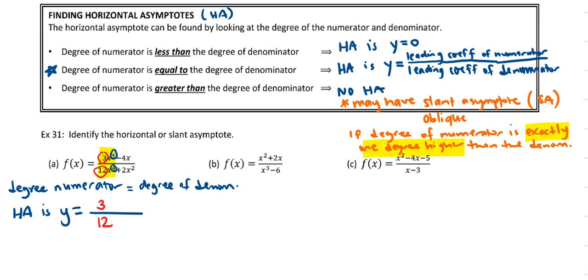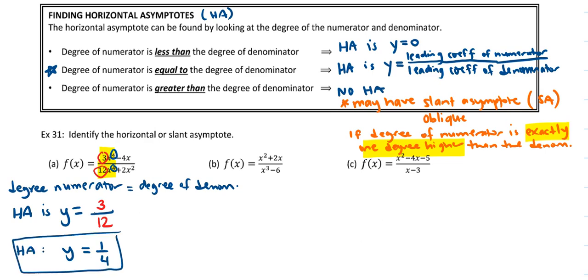Normally, that 3 over 12 reduces to 1/4, so we would take the reduced version. Now our horizontal asymptote is y equals 1/4. That would be hard to tell if you were graphing this and trying to do this by inspection. But it's really cool that the function itself leads you to understand the exact value of the horizontal asymptote. Super cool.